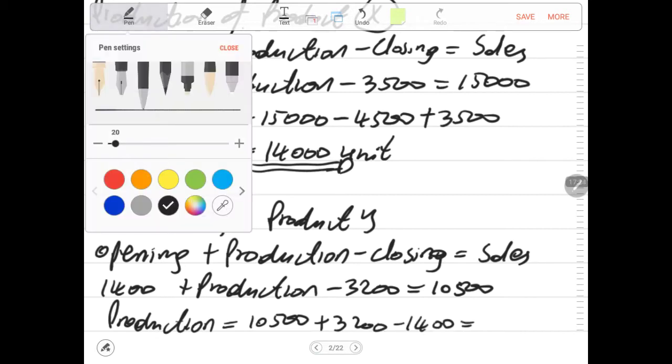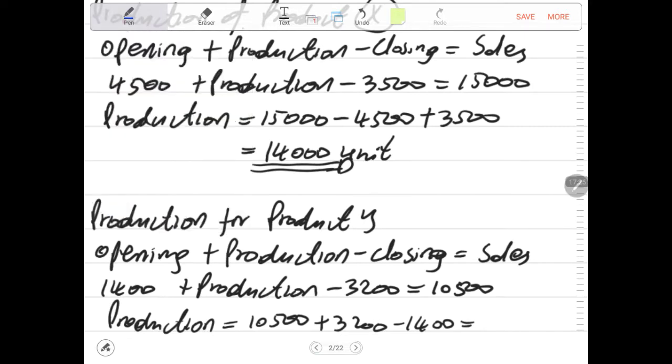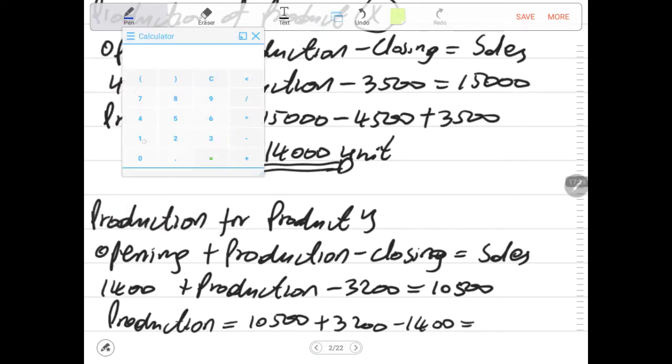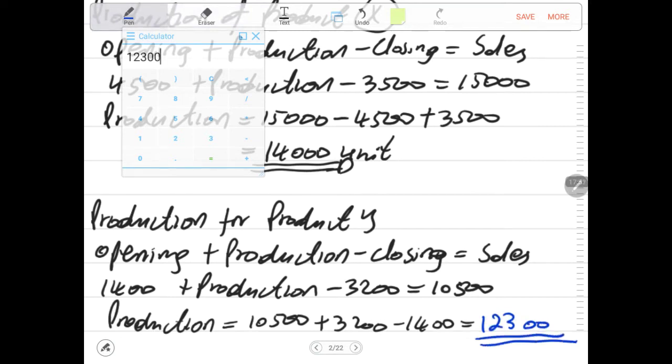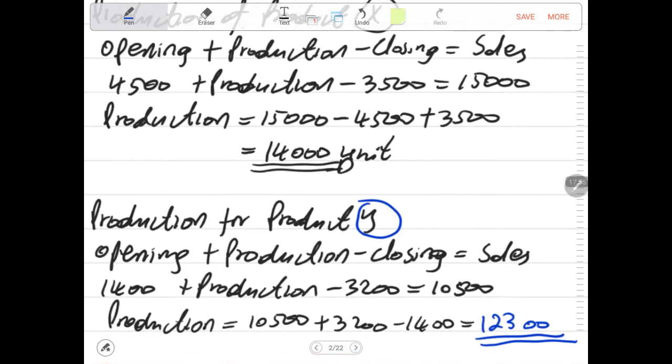Let us see now how much is our total units that were produced during the period. 10,500 minus 1,400 plus 3,200 gives us 12,300 units. This is 12,300 units that were produced for product Y. So now we have calculated our production for both of the products.